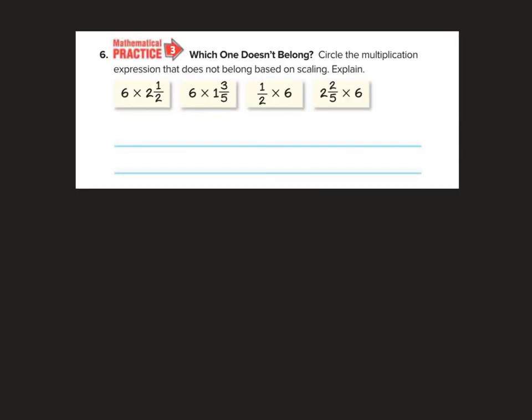All right, so here we need to find the one that doesn't belong. Circle the multiplication expression that does not belong based on scaling. And explain. Okay, so here's what I'm noticing. 6 times a number bigger than 1. 6 times a number bigger than 1. 6 times a number less than 1. 6 times a number bigger than 1.